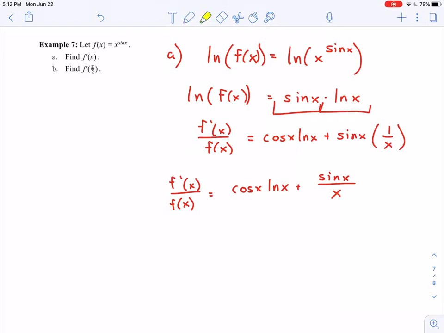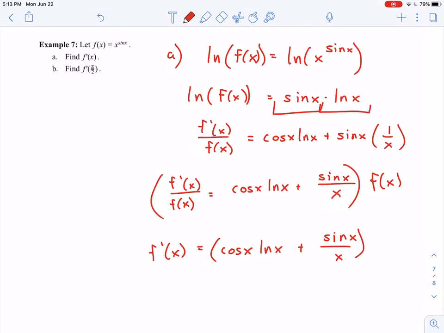This isn't what I wanted, though, because remember what I want at the end of this is f prime of x. I'd really like the derivative. So I need to multiply both sides of my equation by f of x. That'll give me f prime of x on the left-hand side, which is exactly what I want. And on the right-hand side, I'll have cosine x natural log x plus sine x over x times f of x.